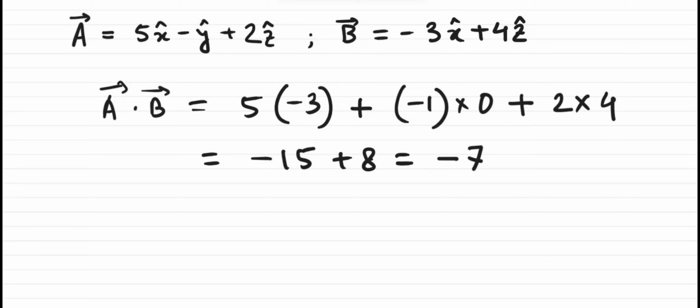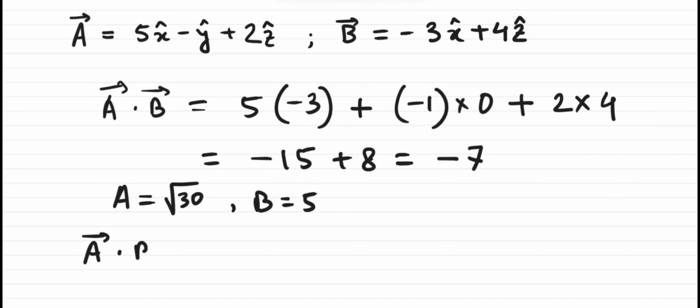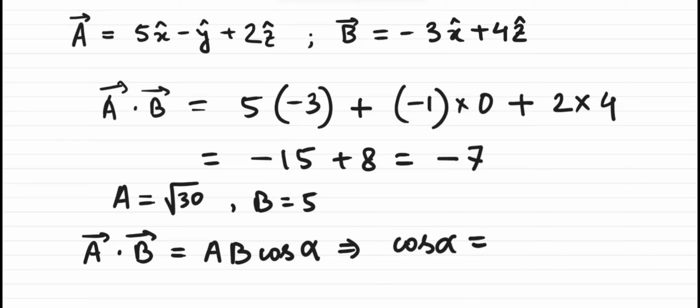So we've got A equals square root of 30, and B equals 5. If we plug that into our definition of the dot product, AB cosine of alpha, then cosine of alpha is going to be negative 7 in the numerator, and A times B, which is 5 root 30, in the denominator.